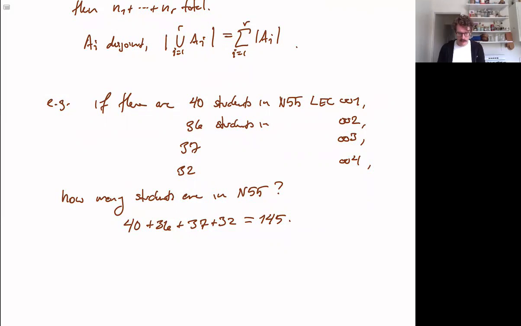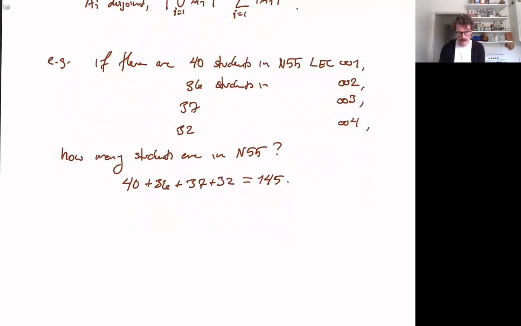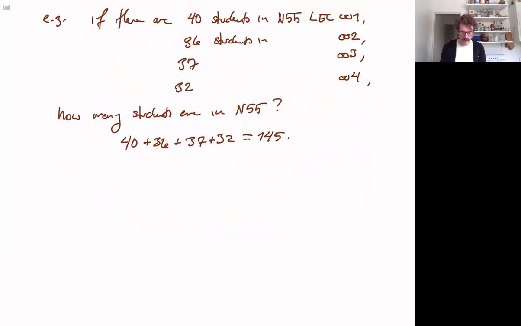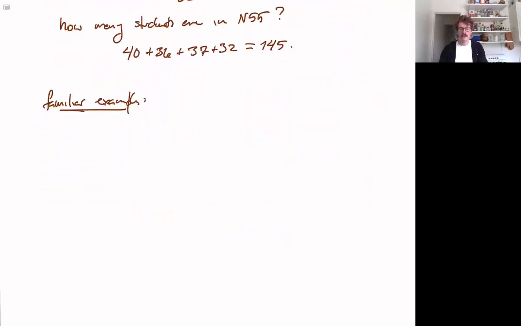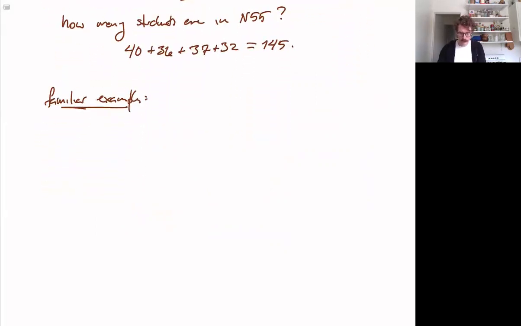Okay, so before we move on, let's take a little time to recall some examples that we've seen before. So here are some familiar examples of the sum and product rules.